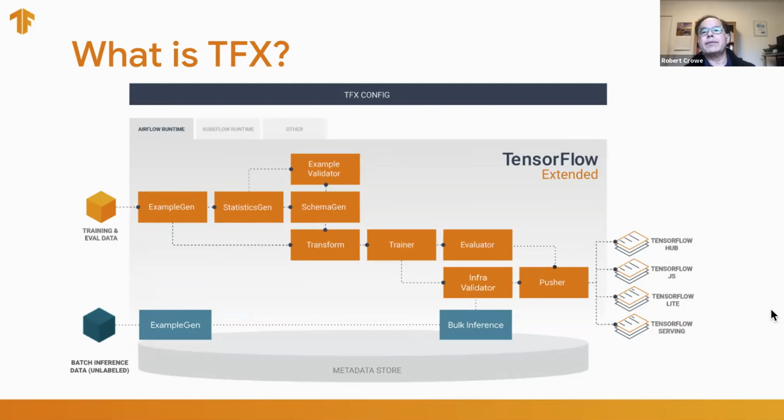Also, you can see on the right from the training pipeline, we're deploying to any of a number of different targets. So it could be TensorFlow Serving or some other serving infrastructure if you're running in a cluster, TensorFlow Lite if you're running in a mobile app, TensorFlow JS if you're running in a web browser, or some model repository like TensorFlow Hub.